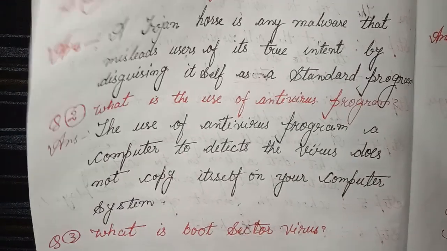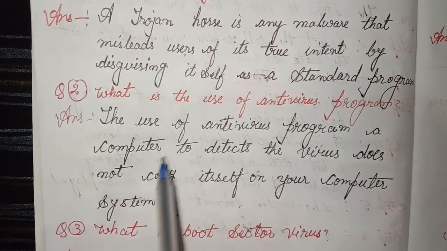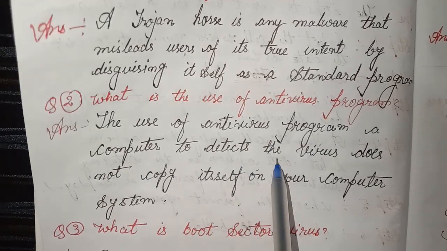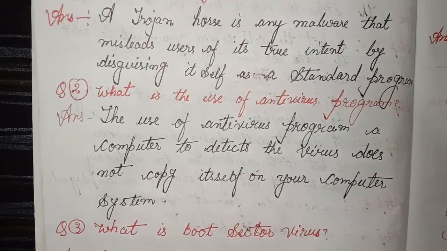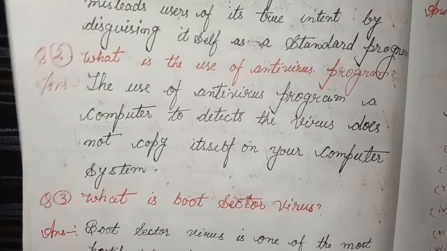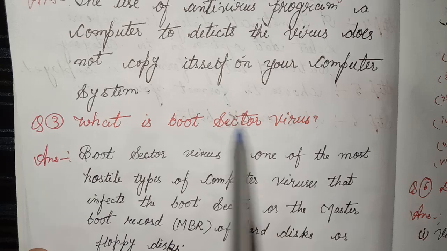Second, what is the use of antivirus program? Answer, the use of antivirus program is to detect the virus so it does not copy itself on your computer system. Third question, what is boot sector virus?